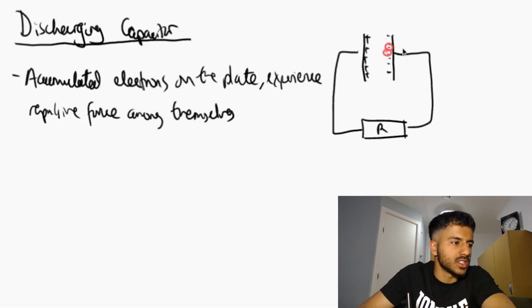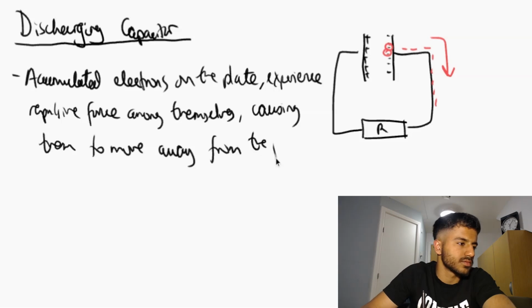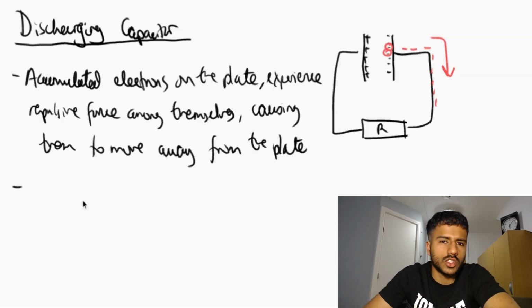And what that means is these electrons will then start to move away from the plate. So this causes them to move away from the plate. And this is known as discharging.